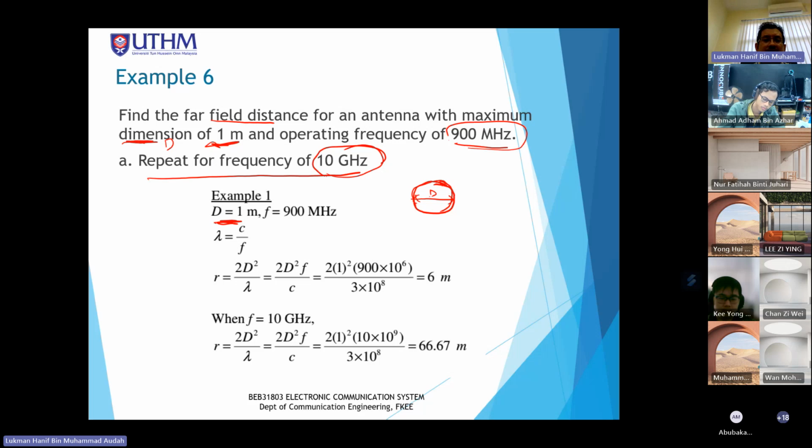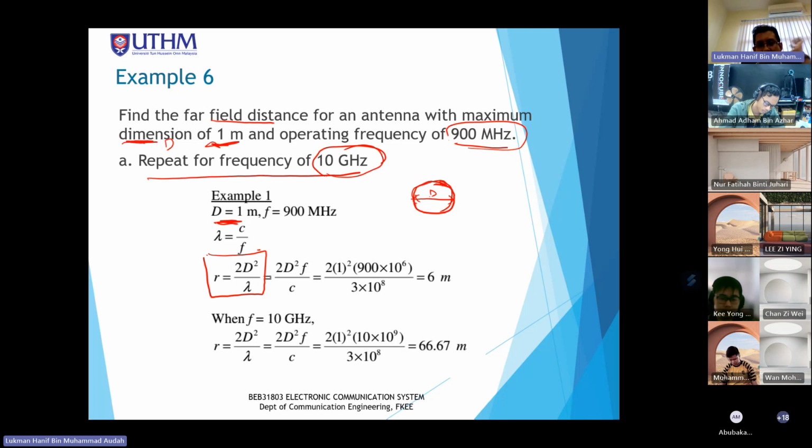From here we need to find lambda, because we need to use 2d square over lambda, right? Lambda is equal to c over f, so we get the lambda parameter in meters. So the far field distance is 2d square over lambda, where lambda is c over f.